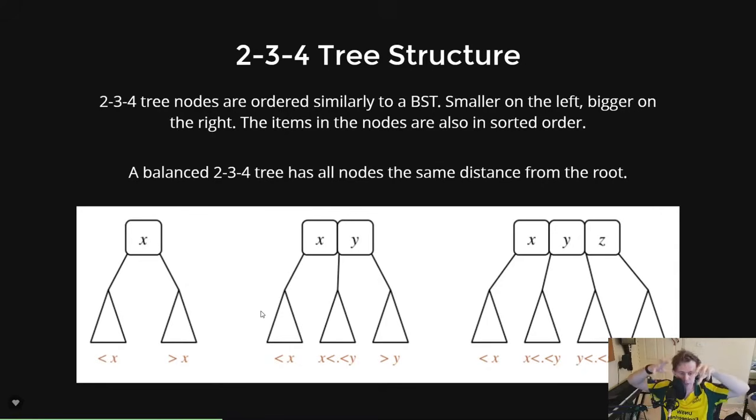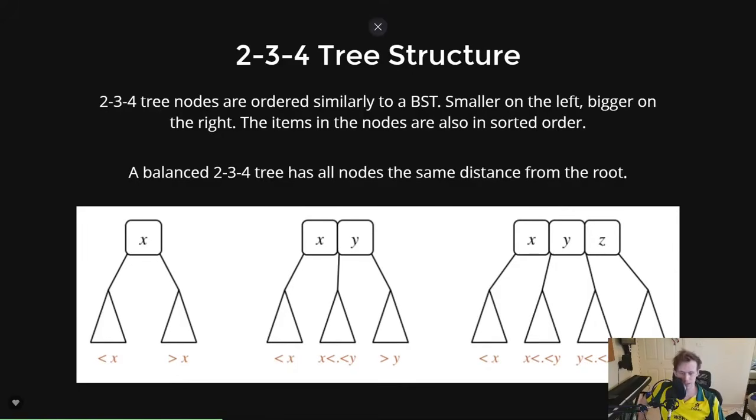You could imagine all the children slotting in between the items in the node, and they all form that same kind of balance as a binary search tree, so you have those guarantees of ordering. It's still an ordered data structure.